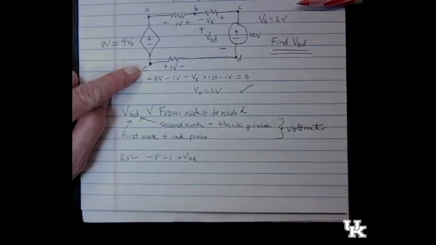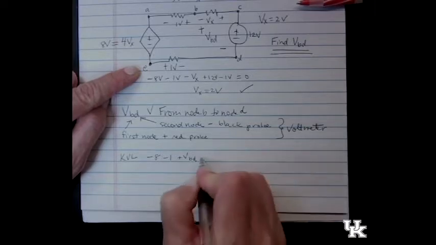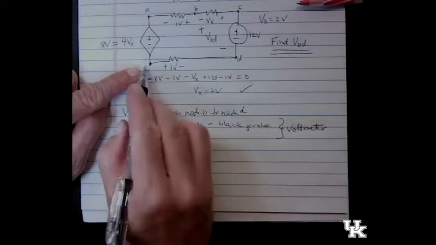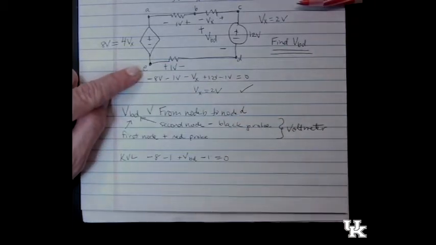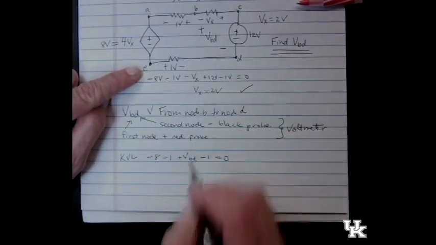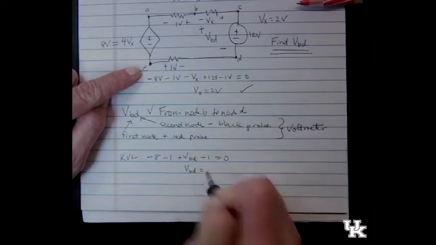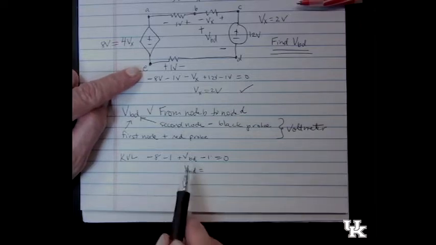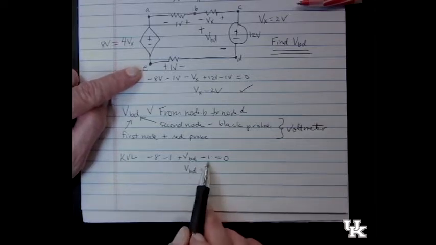I'm jumping over to the corner, and then I hit the -1 again down here, and then I'm back to node E, so that has to equal 0. So that tells me that VBD equals... What do you think? How many volts? 10. 10.